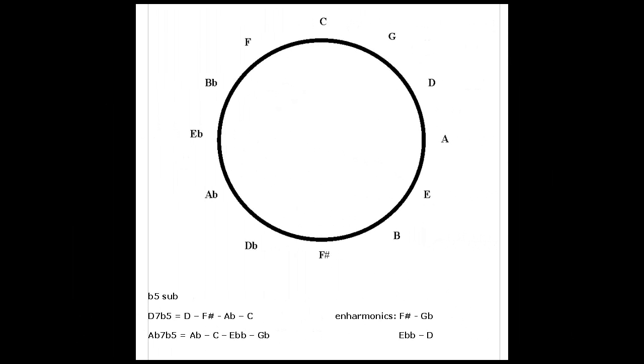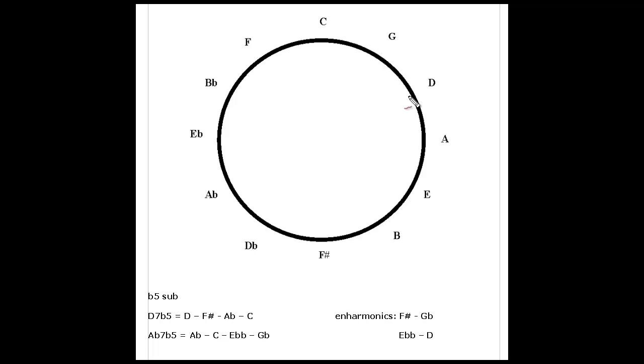Now that we understand the principle whereby we can create a sense of movement by moving from your original chord to its fifth, the next step is to have a look at what T-Bone Walker did in his chord progression. And what T-Bone did was use a flat 5 substitution.